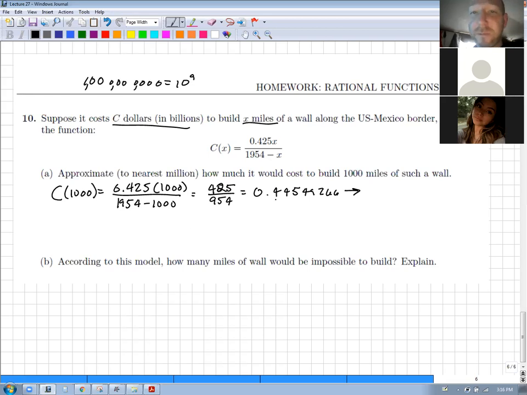So we need to move our decimal 9 times. 1, 2, 3, 4, 5, 6, 7, 8, 9. This will be 445,492,660 dollars, or approximately 445.5 billion.